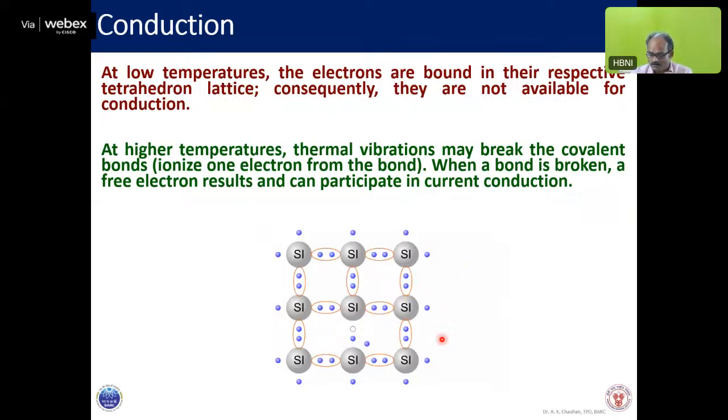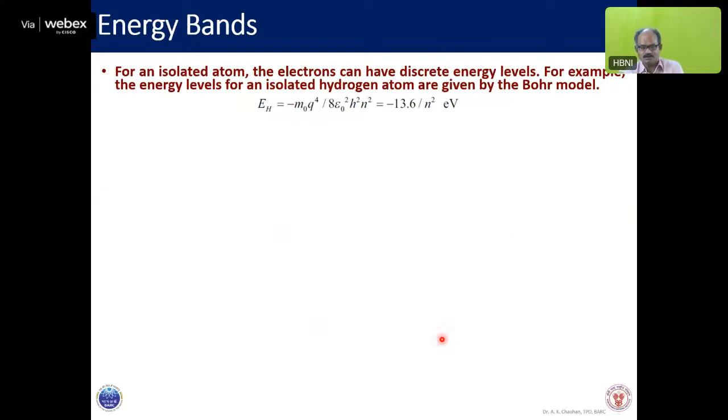But in order to cause a conduction, the first thing is, can it have all energies? No, it cannot have all the energies if it is inside a lattice. We will see how the bands are formed a little later. For an isolated atom, the electron can have discrete energy levels.